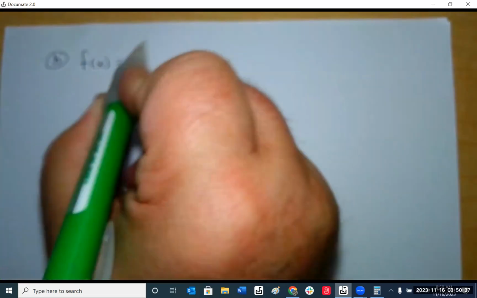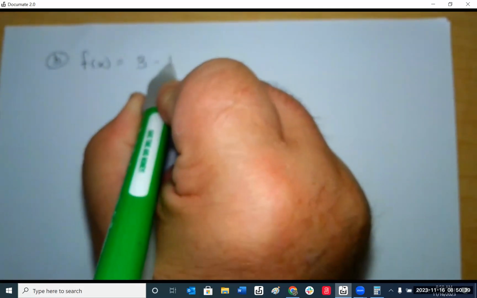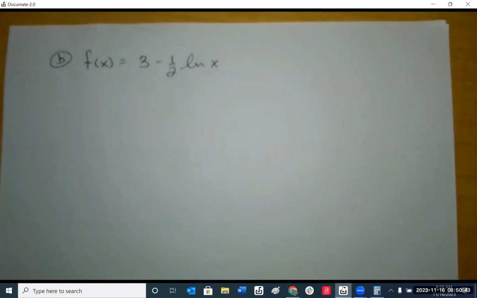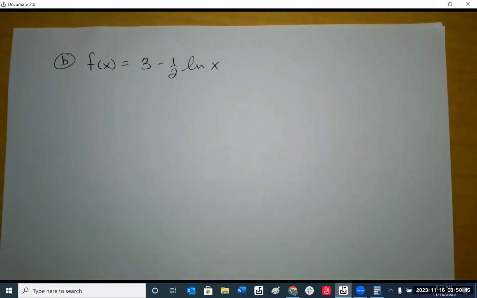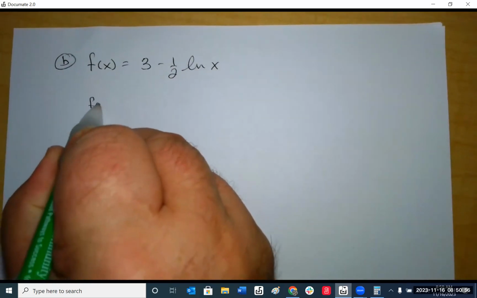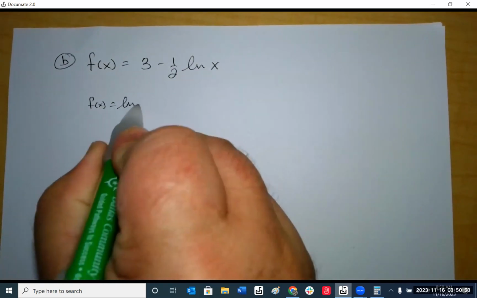Let's look at B. f(x) = 3 - 1/2 ln x. So the original function is ln x.